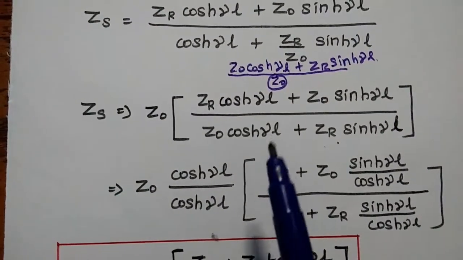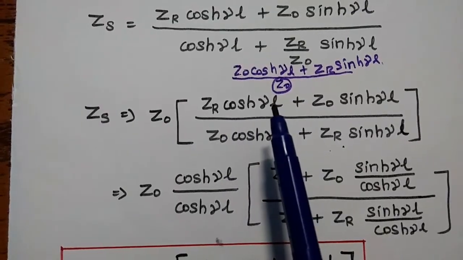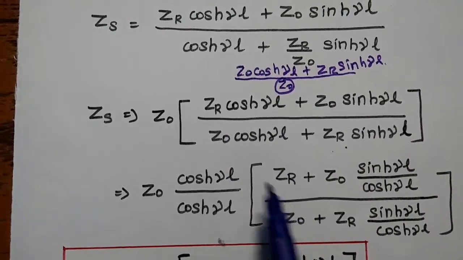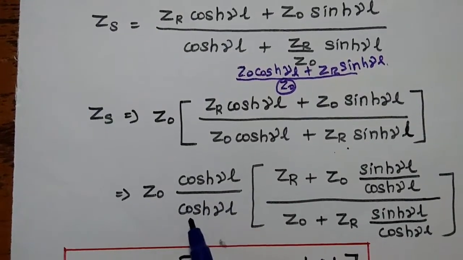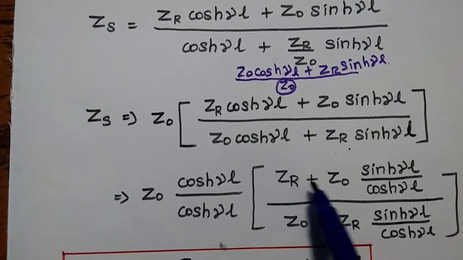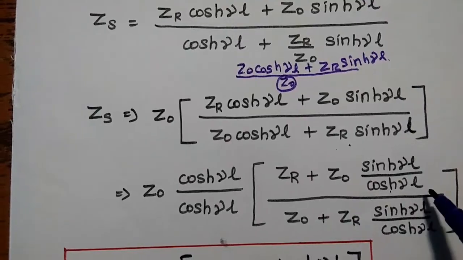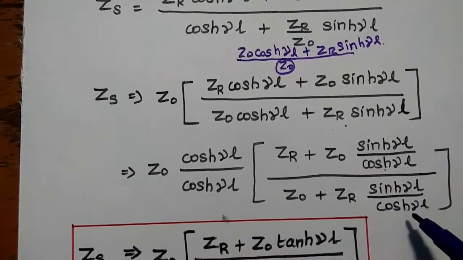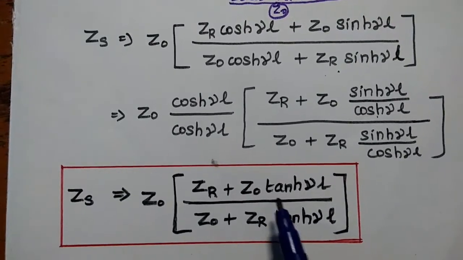Next, we are going to take this cosh γL as the common term from the numerator and denominator. So Z0 cosh γL divided by cosh γL, then the first term becomes Zr plus Z0, divided by cosh γL. The same way in the denominator also. As we know that sinh by cosh is nothing but tanh.